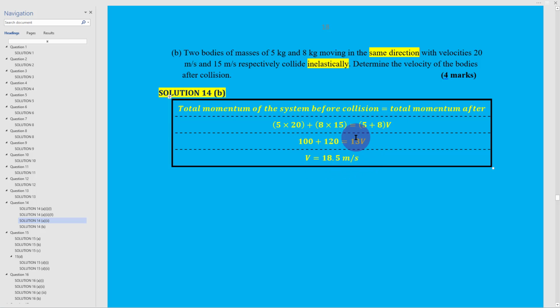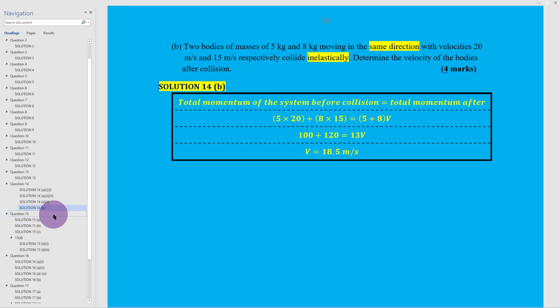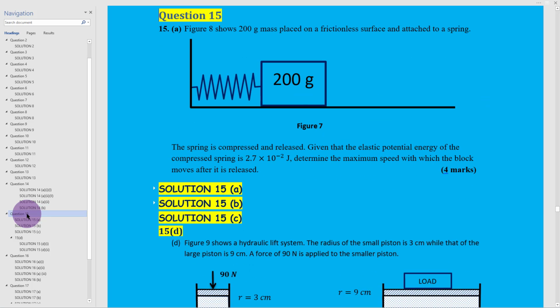And when you manipulate that, you get a common velocity of 18.5 meters per second. So you realize that the one which was moving faster slowed down, while the one which was moving slowly speeds up. So definitely this one must have been behind this one for it to be able to catch up with it. Let's go to question 15.